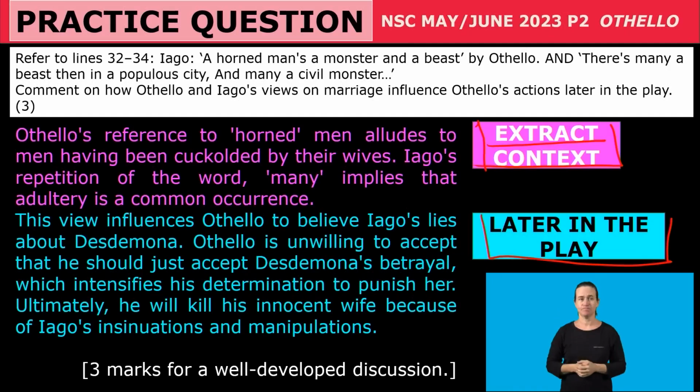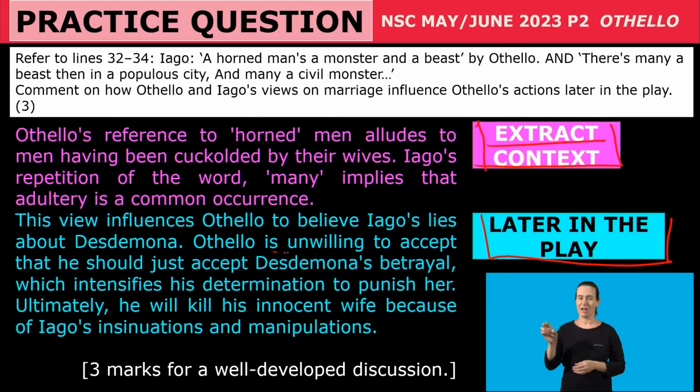So, in this extract, Othello's reference to horned men alludes to men having been cuckolded by their wives. Iago's repetition of the word many implies that adultery is a common occurrence. Later in the play, this view influences Othello to believe Iago's lies about Desdemona.